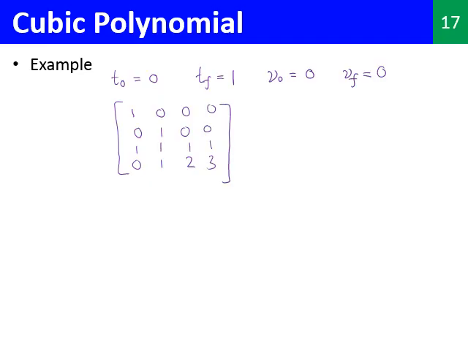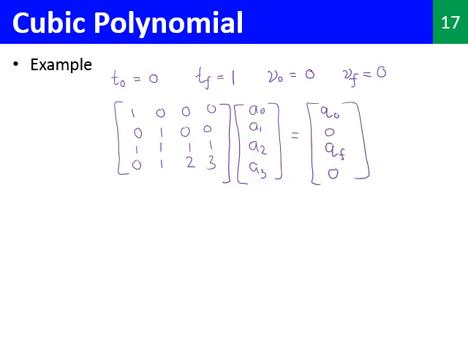Next we have a0, a1, a2 and a3, the coefficients that we need to figure out, and this is equal to q0, that is the starting joint angle, then we have 0, qf and 0.